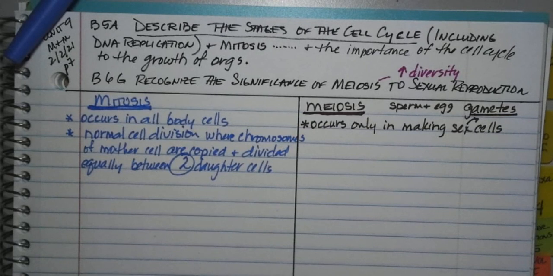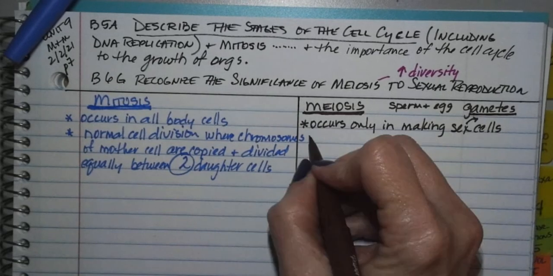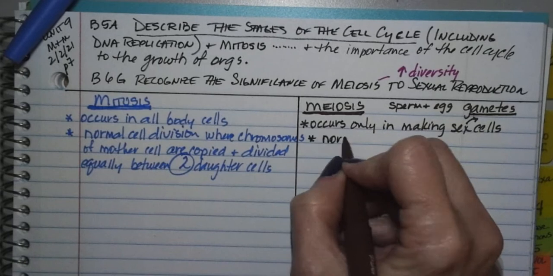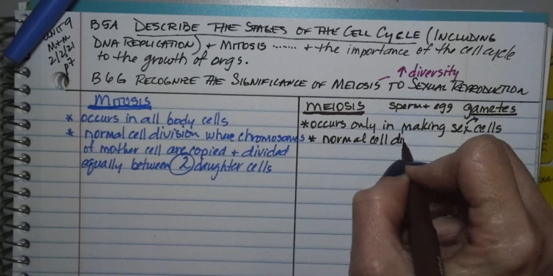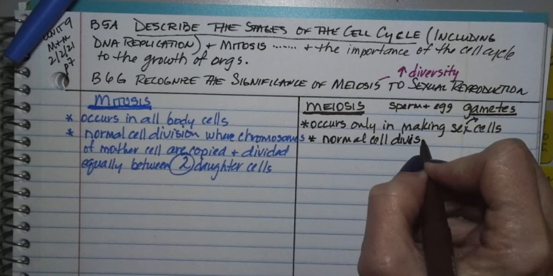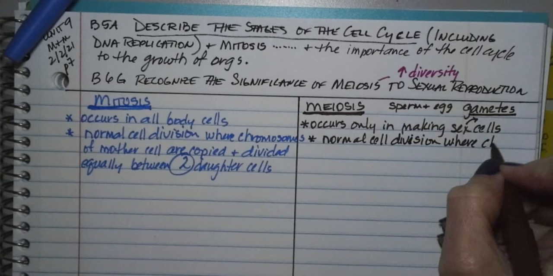Okay, so on the meiosis side, this is normal cell division. So both of them are normal. Normal cell division where the chromosomes, there I'm going to abbreviate it, chromes, of the mother cell are copied.